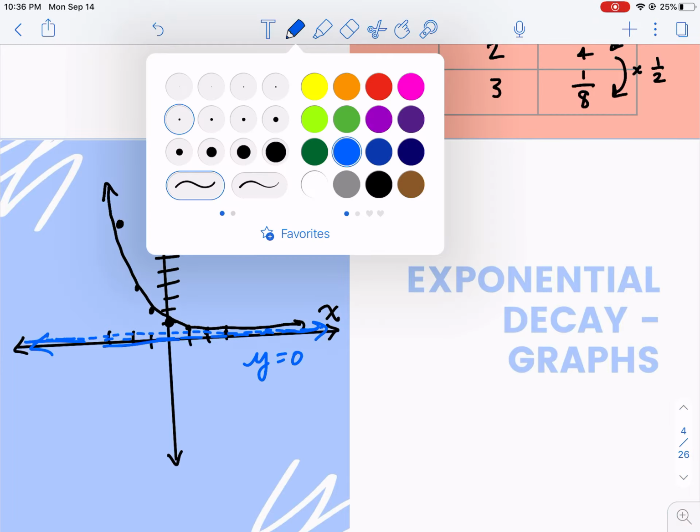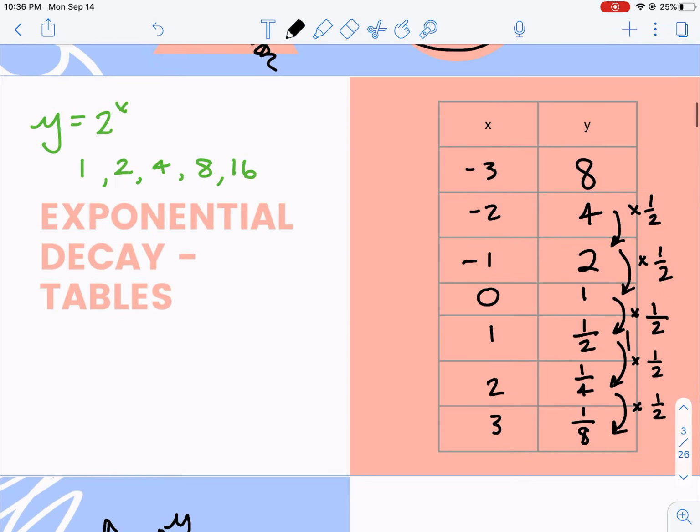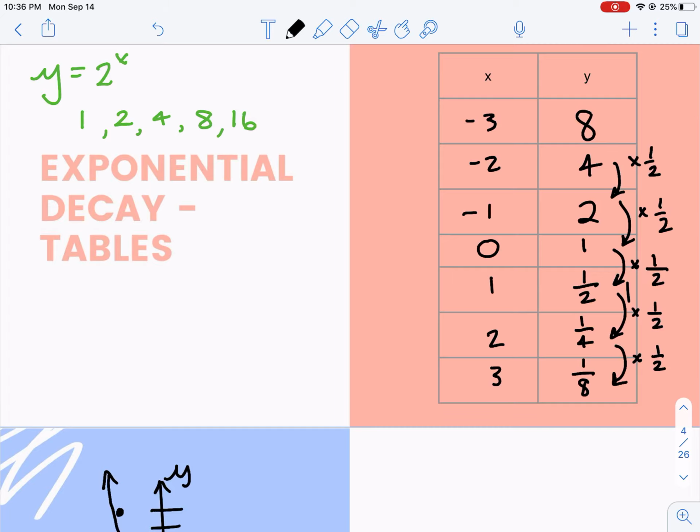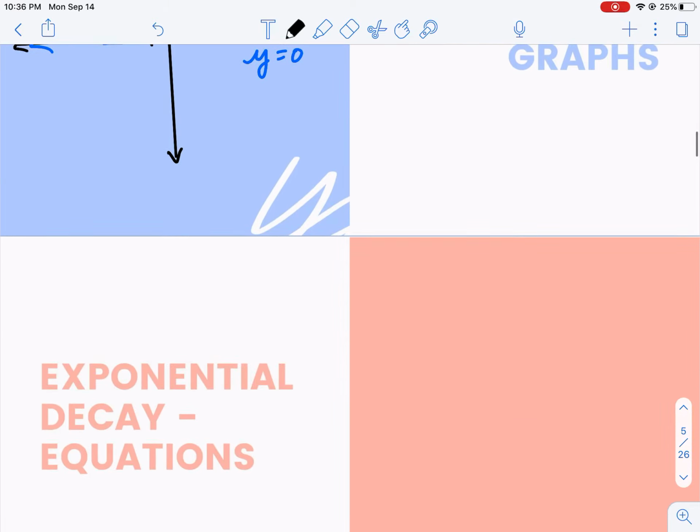Okay. Now, let's talk about the equation for this baby. We are multiplying by 1/2 constantly, times 1/2, times 1/2, times 1/2. And remember that exponentiation is a shortcut for repeated multiplication.